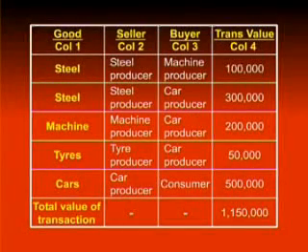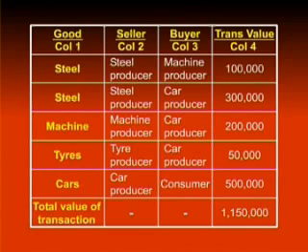Now, if you recall, we set up this table or introduced this table in the previous lecture, where we had four columns. In the first column, we had the good that was being sold or bought. In the second column, we had the seller, the firm, or whatever, the person who was selling the product. So the consumer could not be there. He would be in the buyer's column.